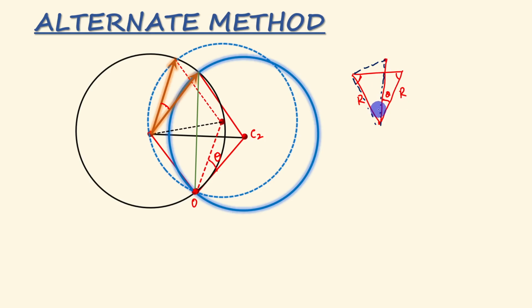So what I'm doing is changing the apex angle by angle theta, and the change in the apex angle will be distributed equally between these two angles, because this is an isosceles triangle and both of these angles must remain the same. That means the change is going to be half of that in this angle. So this angle is going to be theta by 2. From here we can say that this angle is also theta by 2, right?